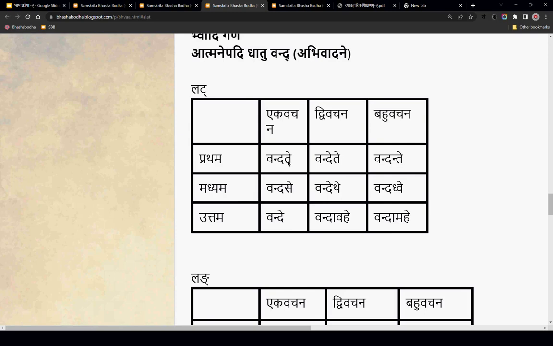Starting with the prathama purusha ekavachana. Like vandate. Vanda becomes vandate, right?